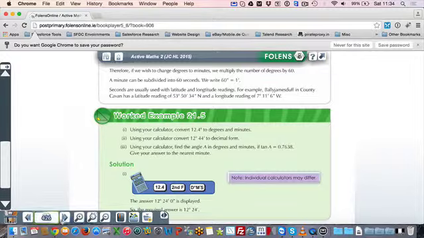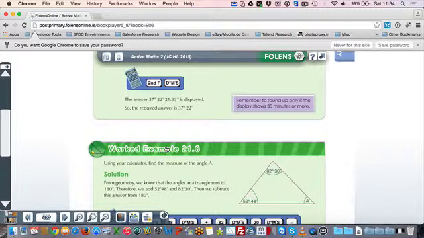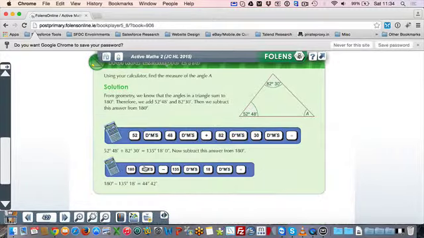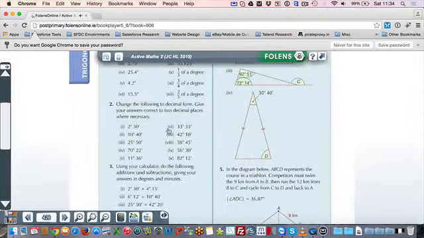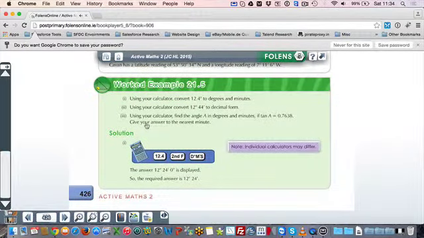Right, did you ever see this thing of degrees, minutes, and seconds? Do you know what it's about, Dylan? Is it when you press this button and change it? I'm just checking to see do you do it without a calculator.